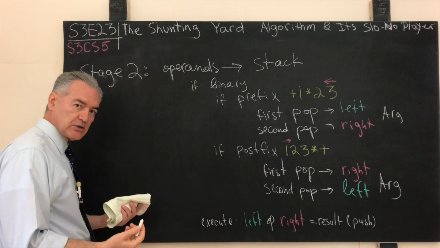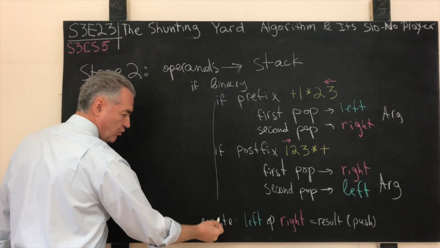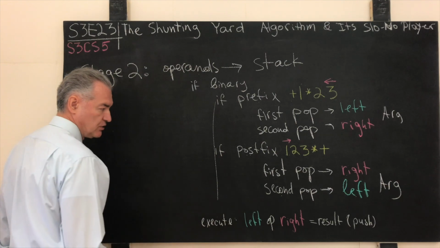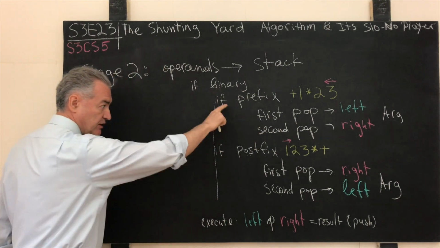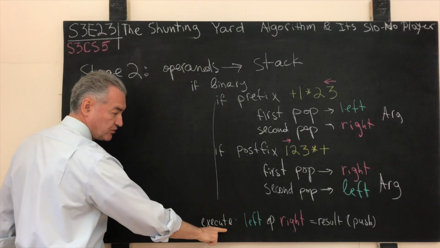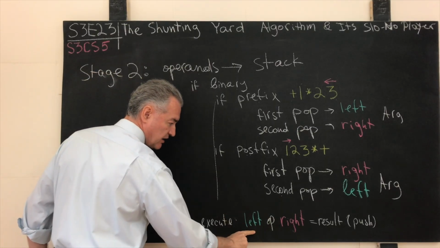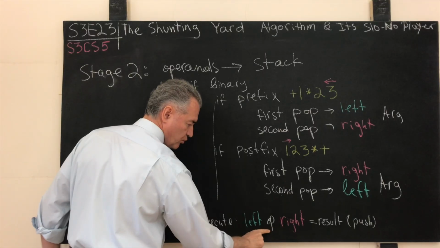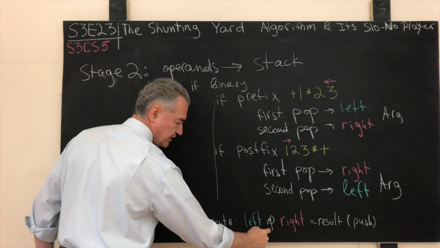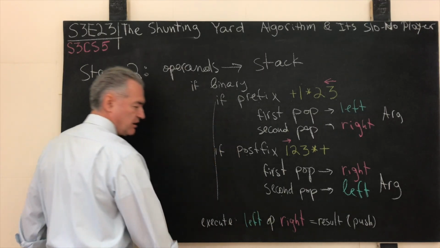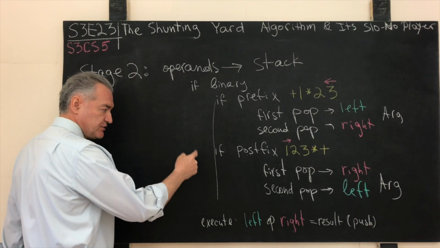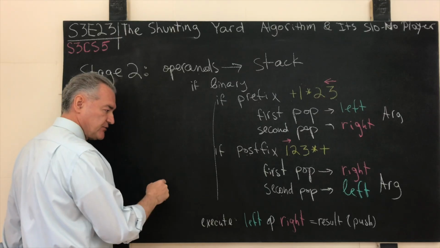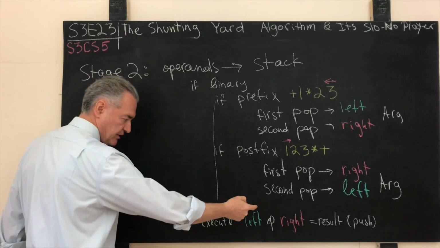Once we have these arguments at hand, we come over here, no matter how we deal with the precompiled expressions, and then we basically execute this operator. We have the left argument, we have the right argument, we know what the operator is. Usually here you will have a very lengthy chain or string of if operator equals blah, do this, else if operator equals something else, do this.